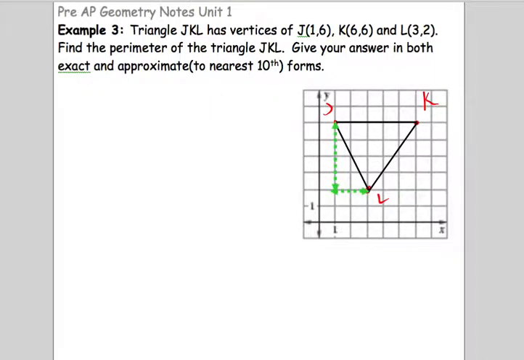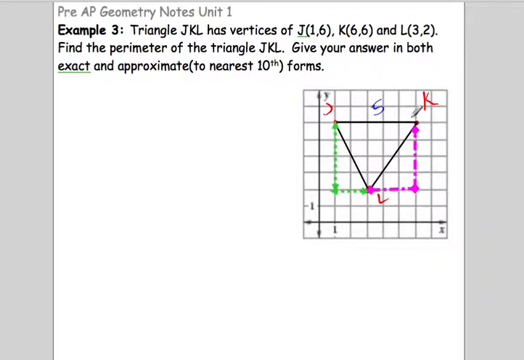The stair steps for this one I'll do in pink. Now if they tell you to use the distance formula, then don't do the Pythagorean theorem, do the distance formula. Whenever I have a graph, it's just quicker to do the Pythagorean theorem here.